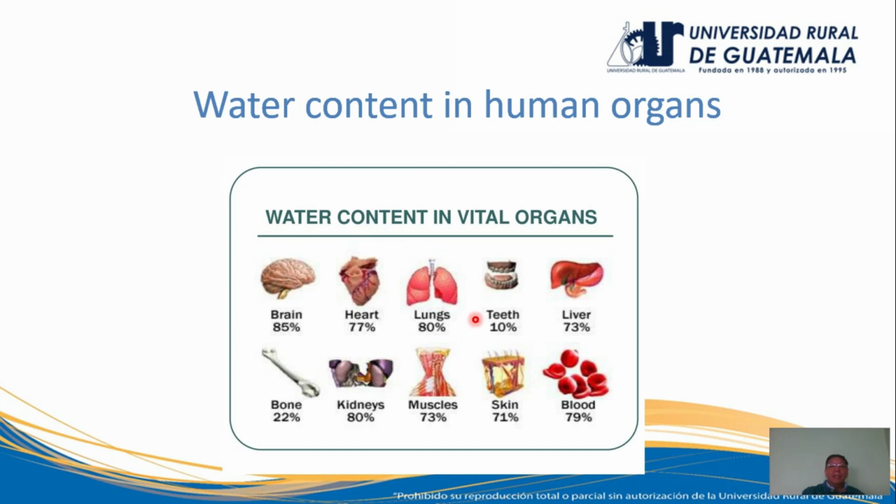Next, we have the lungs with 80%, the teeth with 10%, our liver with 73%, the bone 22%, kidney 80%, muscles 33%, skin 71%, and blood 79%. This is only a reference that I found on the internet, and let's continue.